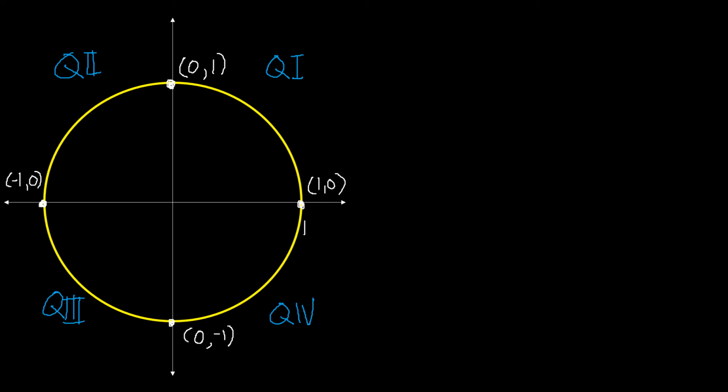On quadrant 1 we expect to have both positive signs, while in the second we have negative for x, positive for y, third both negative, and fourth we have positive for x, negative for y.